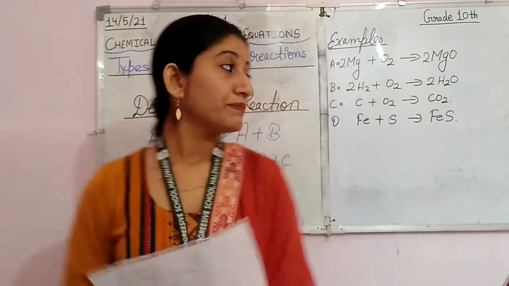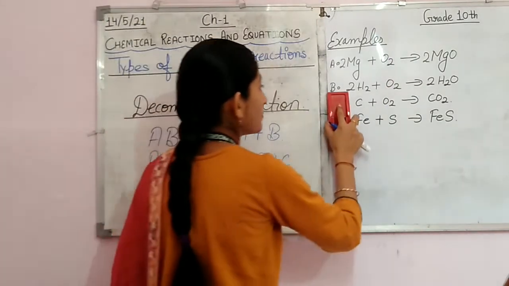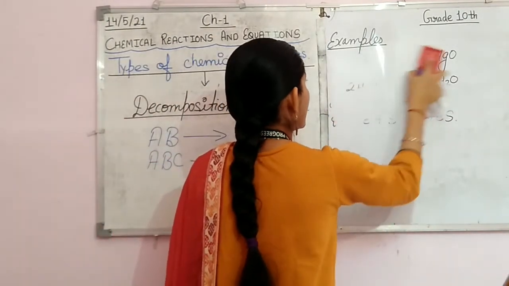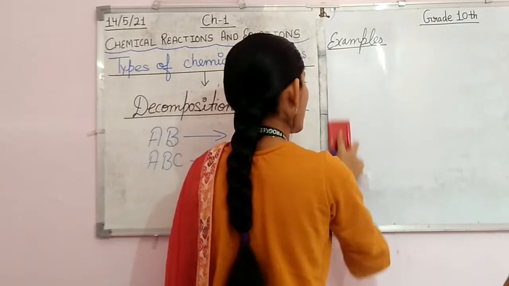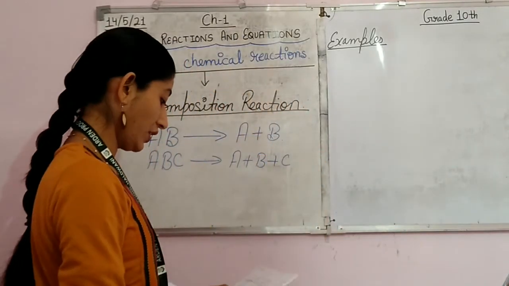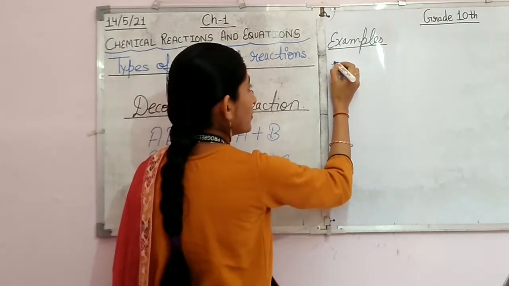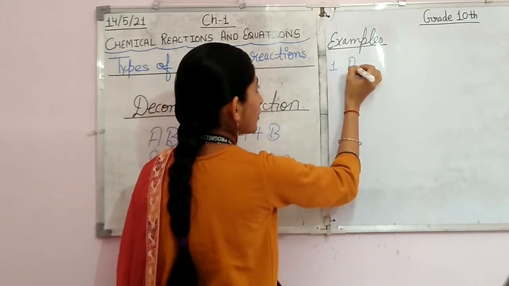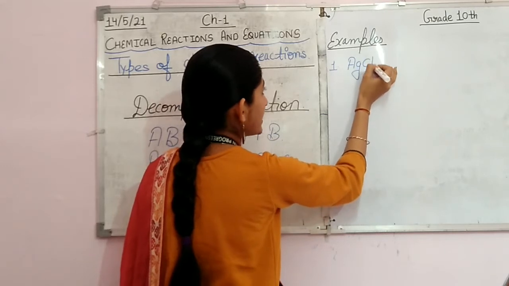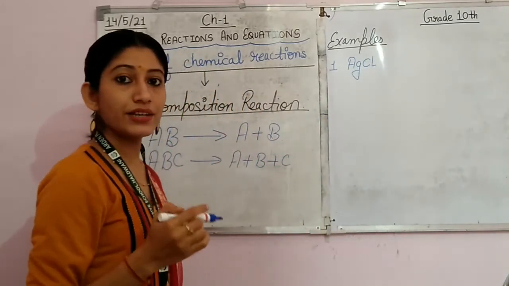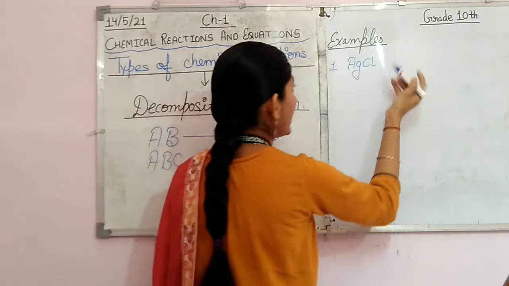For example, earlier I also explained the example of silver chloride, AgCl. This is silver chloride.